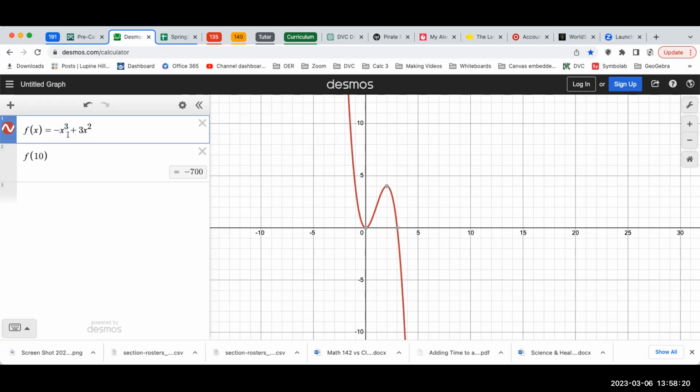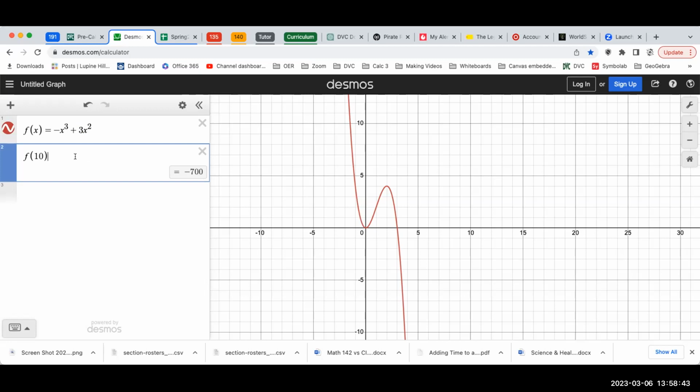It's going to be 10 cubed, which is huge, and then the negative negates it, so it's a really big negative. And here I get 10 squared, which is 100, times 3 is 300. But the overall output is going to be negative 700.